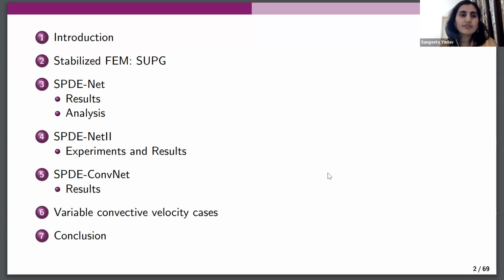Further, I'll detail a neural network, SPDNet, which I developed during my PhD for predicting the stabilization parameter, and then I'll discuss SPD-ConvNet. In the final stage of the presentation, I will show how to use SPD-ConvNet for variable convective velocity cases, and then I'll conclude the presentation.